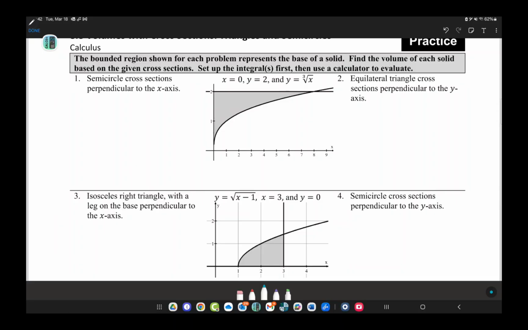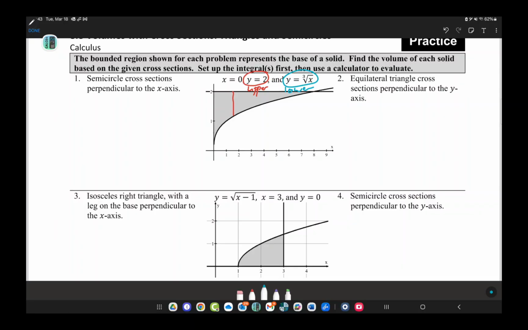So here we have a semicircle cross section perpendicular to the x-axis, so we're going this direction. In this case, my upper function would be just 2, and my lower function will be x to the 1/3.